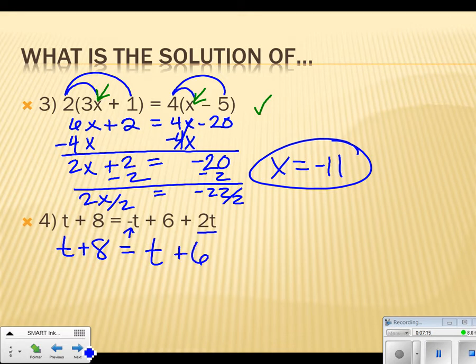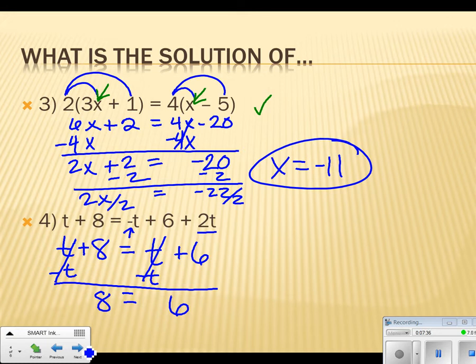Now we want to get the t's to one side, so if I take the t away from the right side and then from the left side, t minus t is 0. But now it says 8 is the same as 6. Well, that doesn't make any sense.